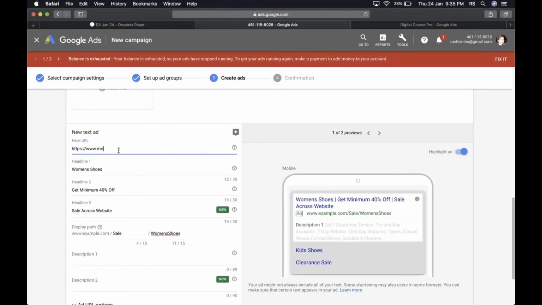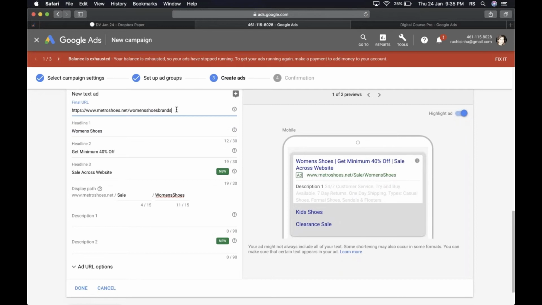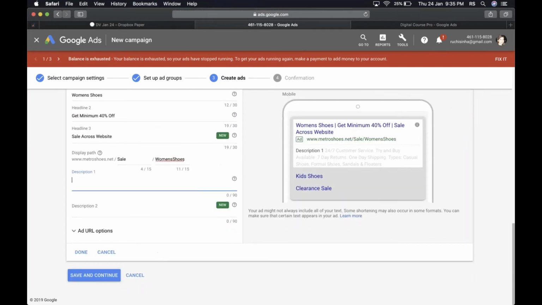See, as I write this domain here, my display path domain is also changing. Okay, now description.